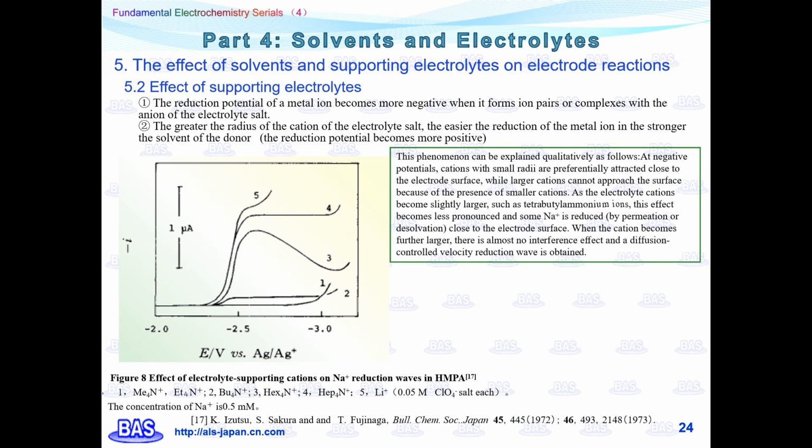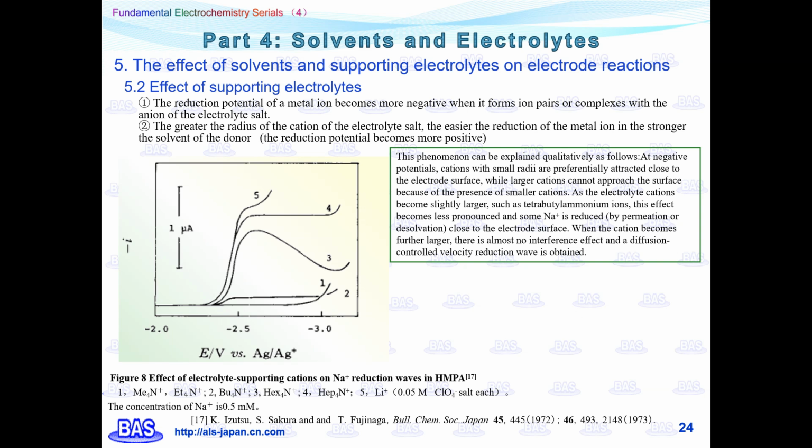When the electrolyte cation is slightly larger, such as the tetrabutylammonium ion, this effect becomes smaller and some sodium ion is reduced close to the electrode surface by osmosis or dissolution. When the cation is further enlarged, there is almost no interference effect and a diffusion-controlled reduction wave is obtained.